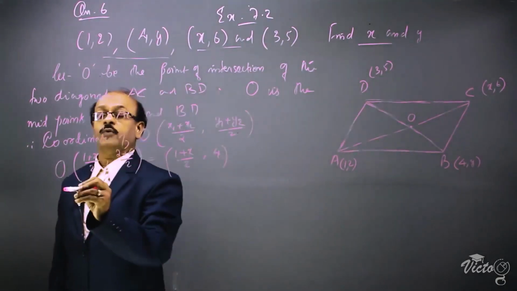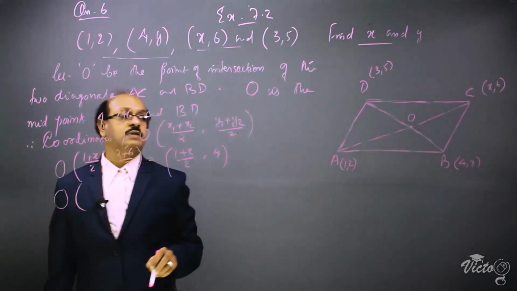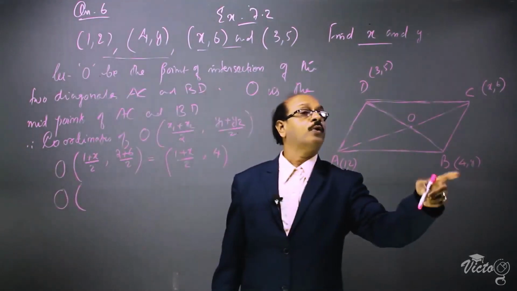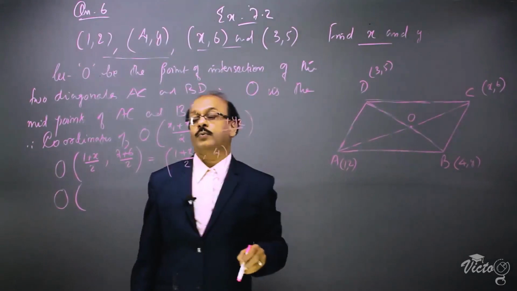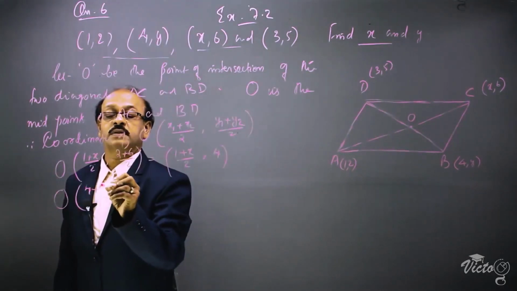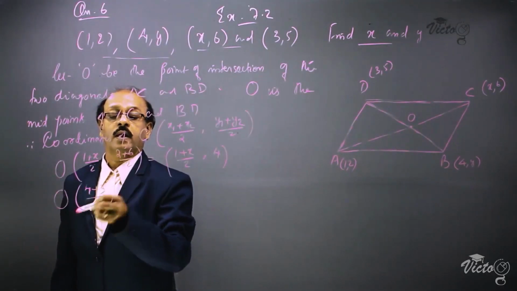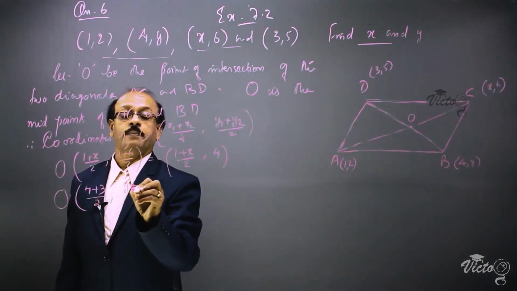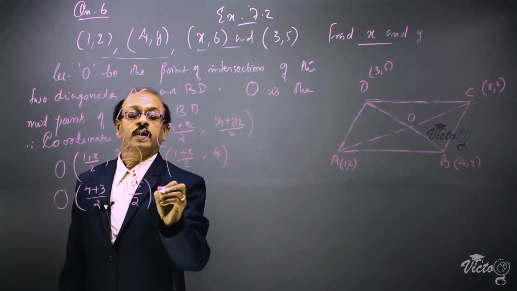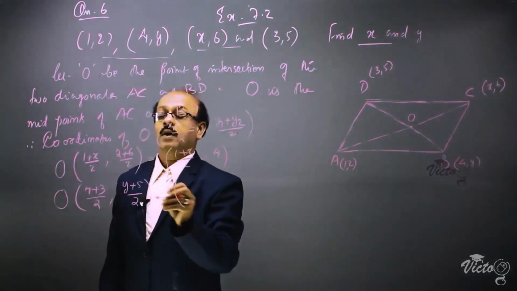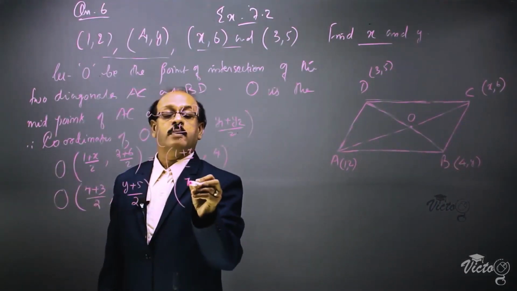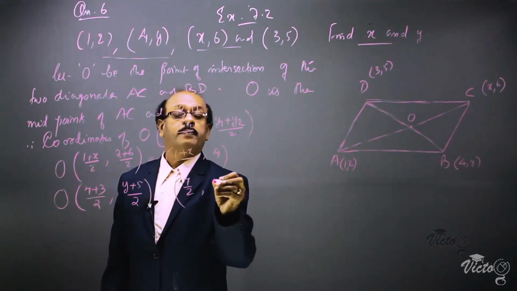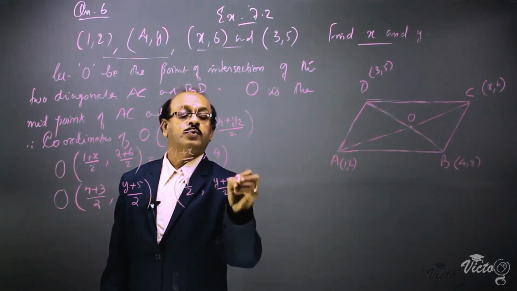Now again we are finding the coordinates of O. This is equal to (4 plus 3) by 2 and (y plus 5) by 2. This is equal to 7 by 2 and (y plus 5) by 2.